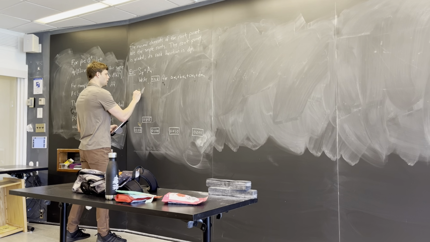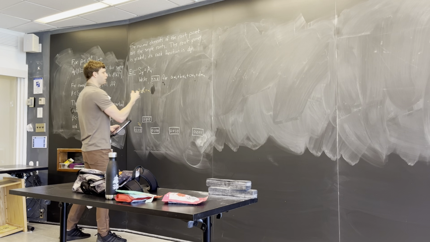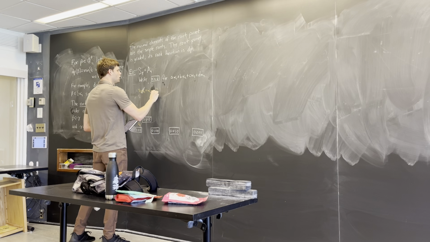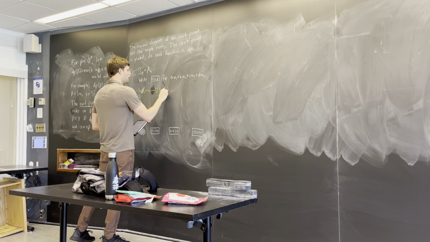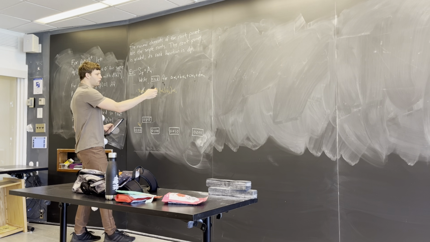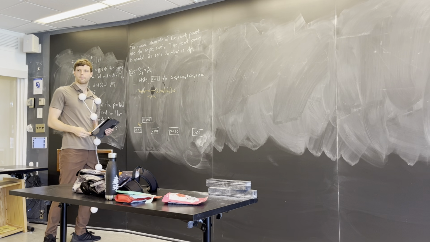If I wanted to write this out in terms of the bilinear form, this is alpha 1 minus 2 times the bilinear form of alpha 1 and alpha 2, times alpha 2, and this is negative a half, so this ends up just being alpha 1 plus alpha 2.